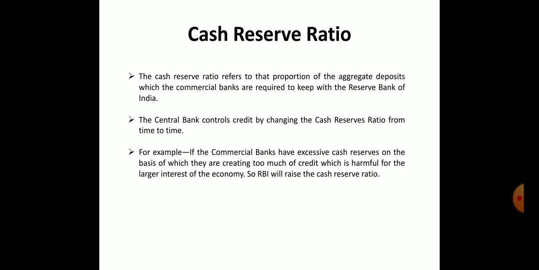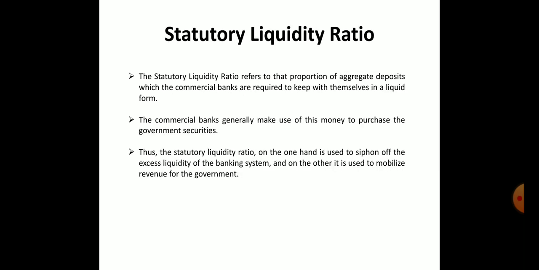So an increase in the cash reserve ratio will control the money supply, and a decrease in the cash reserve ratio will expand the credit in the market. The same is true for the statutory liquidity ratio. Here we have to maintain some ratio or percentage of time and demand deposits with ourselves as a commercial bank.